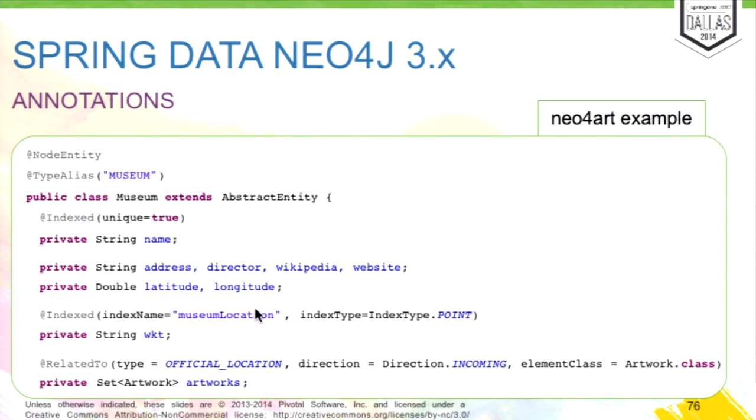We have an index called museum location, which is of type point, for which we can execute geospatial queries. Then we have the relation between the museum and the artworks which are located in it. We use the RelatedTo annotation.